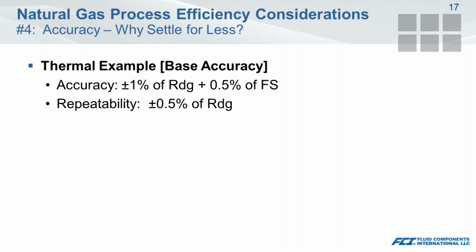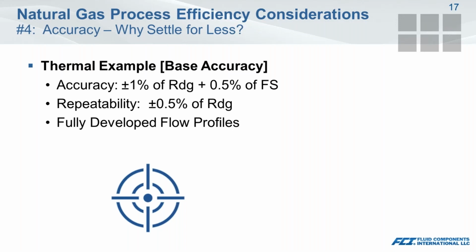Repeatability of the measurement is also important when looking to maintain that proper air to natural gas ratio, with a 0.5% of reading being a typical value. These accuracies are well in line with that of common meter technologies used for the air measurements as well, allowing us to maintain that optimum ratio for that efficient burn.